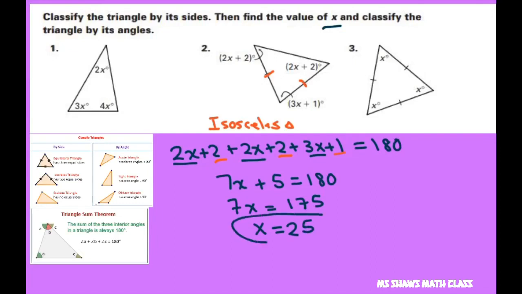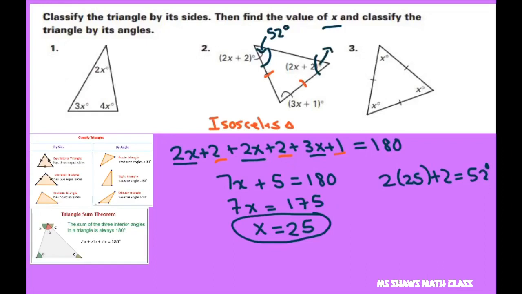So we solved for x, and now we plug the x back in to see our angles. We already see that we have 2 angles that are the same. 2 times 25 plus 2, that equals 52. So these 2 angles are 52 degrees.